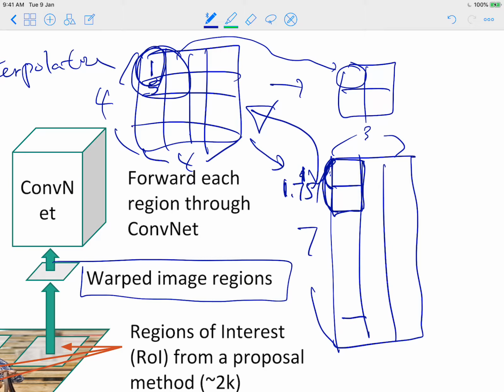Then this 5 is starting from 1.75 and ends at 3.5. That's the simple computation of expanding it by the exact ratio. But we need the pixel values at the integer positions.